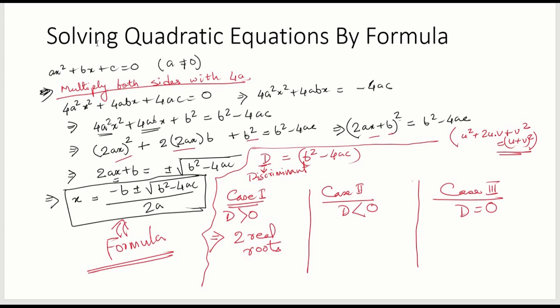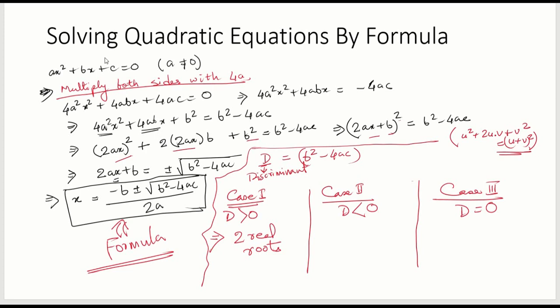If there is no proper square root of that expression b square minus 4ac, like root over 5, then we get two irrational roots, right? And you also need to remember irrational roots always come in pairs, because let's say we get root over 5, you see the operator before it is plus minus.